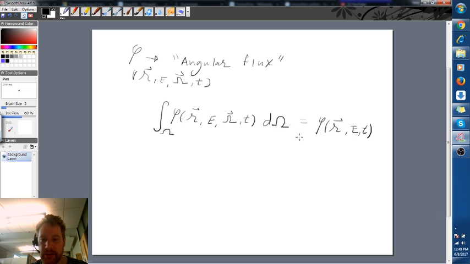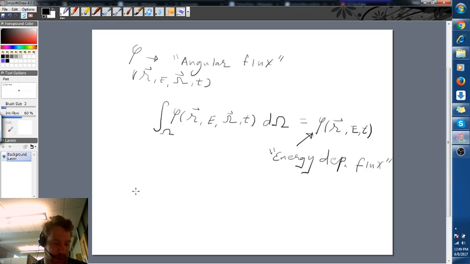So we call this the energy dependent flux, in that it's only a function of position, energy, and optionally time. Sometimes you'll call this the time dependent energy dependent flux, or time and energy dependent flux.